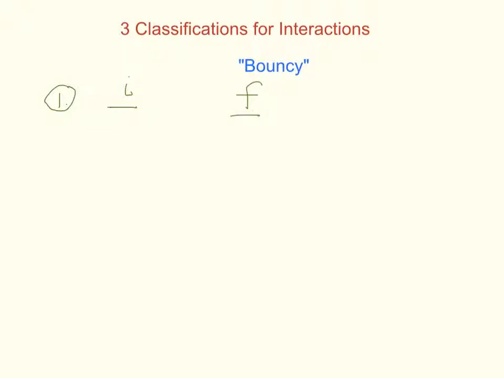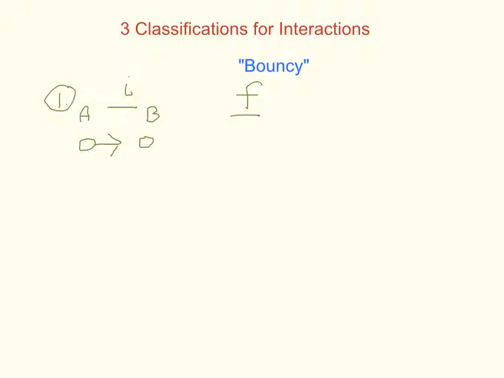So the first interaction I'm going to show you will have two objects, object A and object B. And in my first example for a bouncy interaction, object A will have a velocity directed to the right, while object B will be at rest initially.